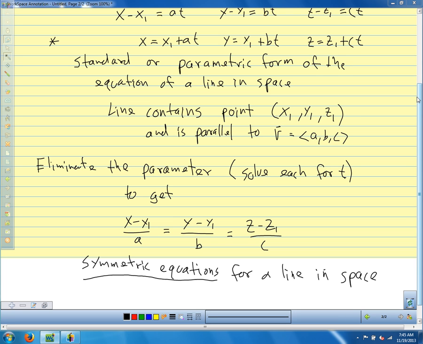All right, so let's look at a couple of examples of the types of problems that you might see dealing with lines in space, and we will do a lot more with lines in space than come up with their equations. In plane geometry in Calc 1, we talked about tangents, our tangent line.